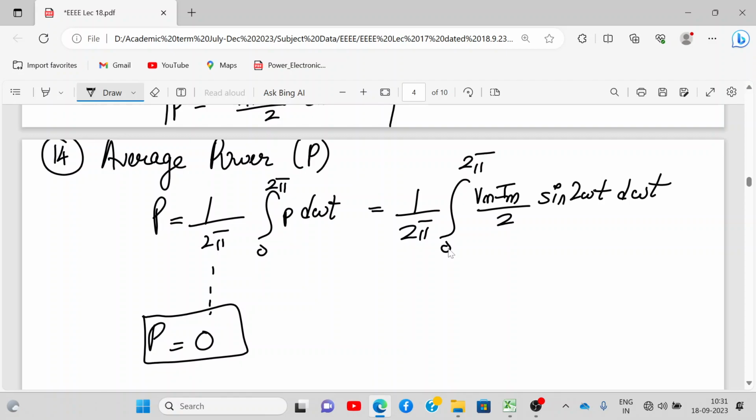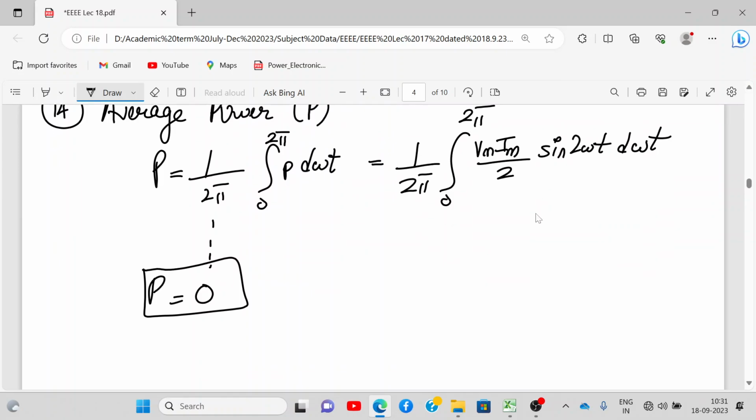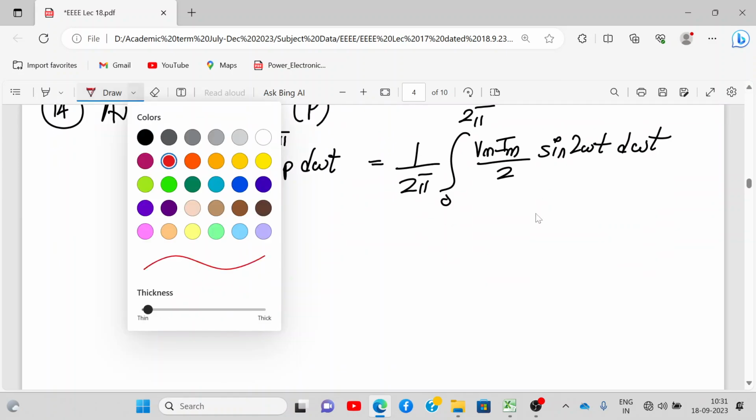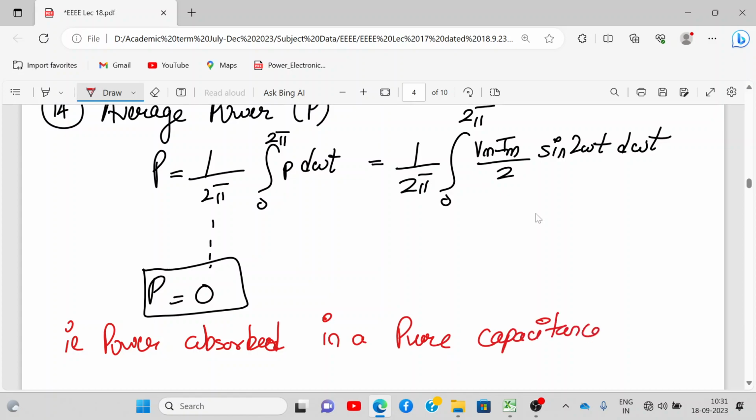You can work it out. So that means power absorbed in a pure capacitor or pure capacitance is 0.